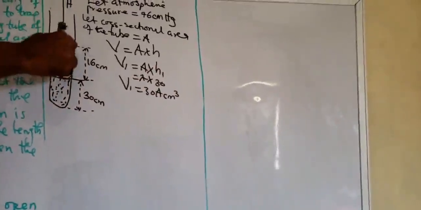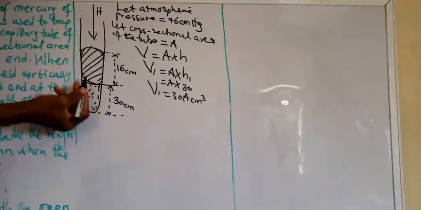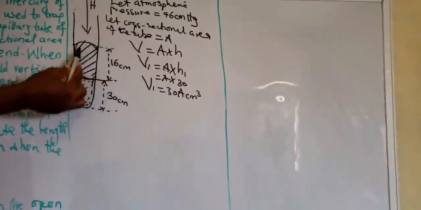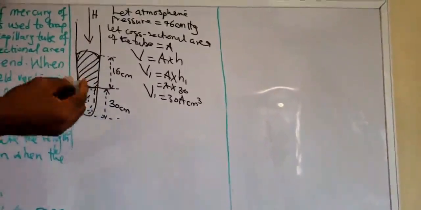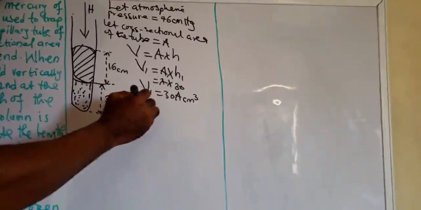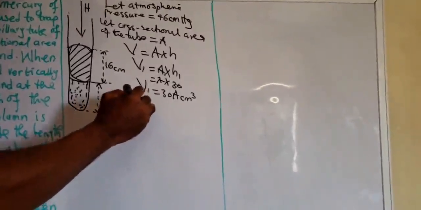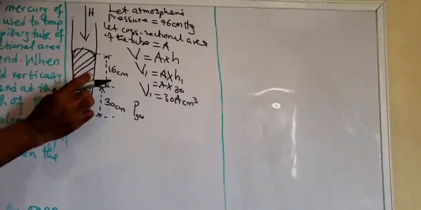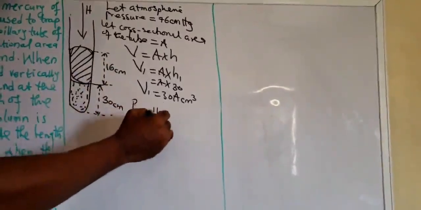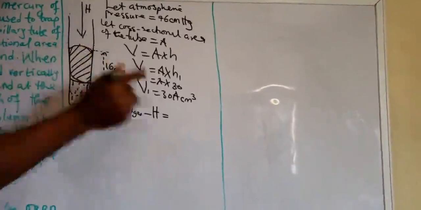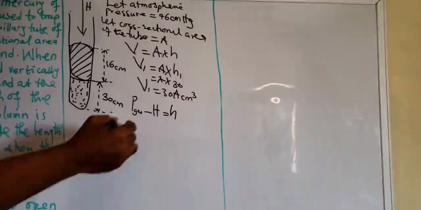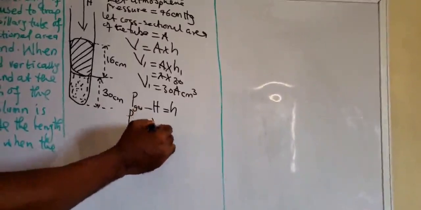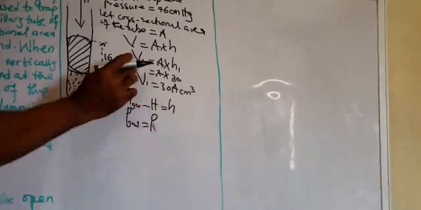Now, atmospheric pressure down, pressure from the air molecules up against each other. The difference is the pressure due to this height of mercury column. So we have gas pressure, I'll use subscript gas to show it is the pressure due to this air here, minus atmospheric pressure equal to the pressure due to the mercury thread, H. So we see gas pressure, we're going to call it the first pressure P1 when the volume is this.